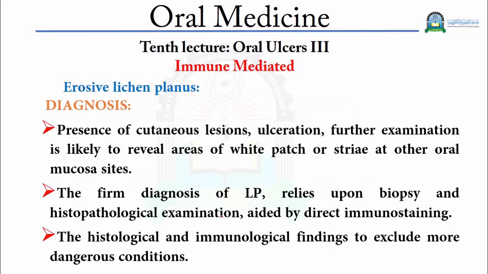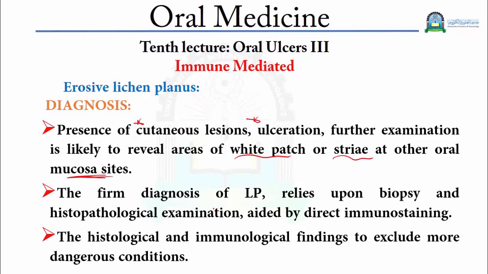So how can you diagnose erosive lichen planus? The presence of cutaneous lesions as well as ulcerations. Further examination is likely to reveal areas with white patches or striae other than the oral mucosal site.